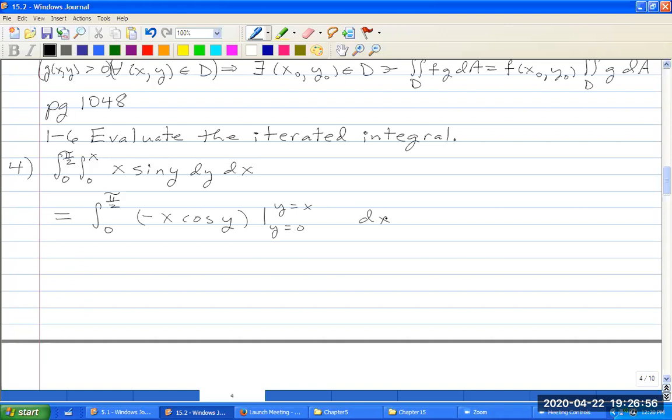So notice here that my outermost integration has limits of integration being constants, whereas as I go inside, my limits of integration can involve the variables of the outer integrations.